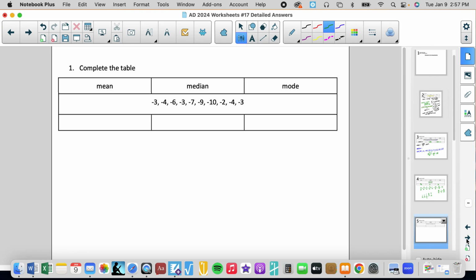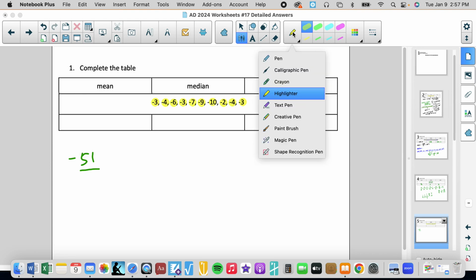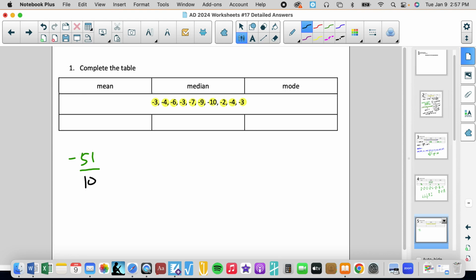And that gives me -51 divided by, how many numbers did I have? 1, 2, 3, 4, 5, 6, 7, 8, 9, 10. We like 10 again. 10, which gives me -5.1. That didn't look like a decimal. -5.1. That was weird.